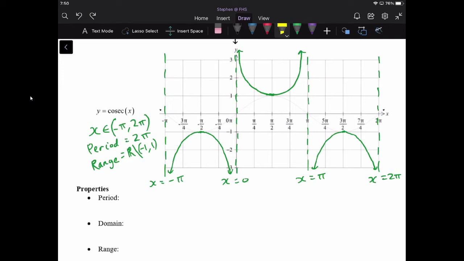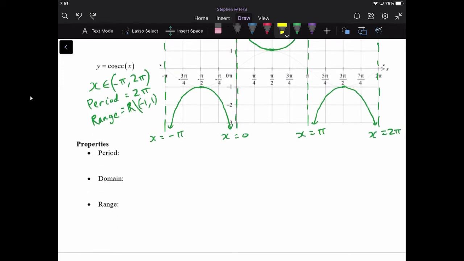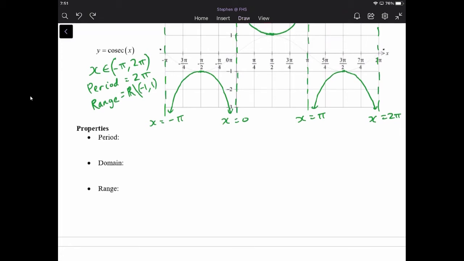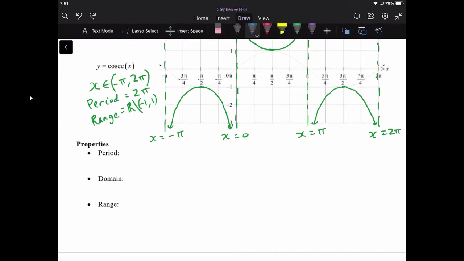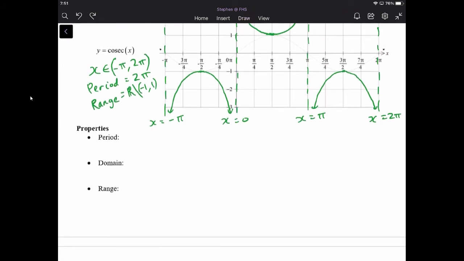That is how you draw the graph of cosec of x. Now you see I've already got period, domain, and range. So let's just copy that over into the bottom part. So the period is going to be just 2 pi. The domain, well, the domain is all real numbers except integer multiples of pi.